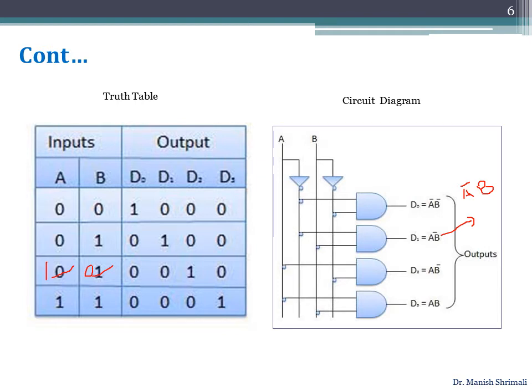And D3 will be high when both the inputs are 1 1, when A is 1 and B is 1. So this is about the working of this 2 to 4 line decoder.